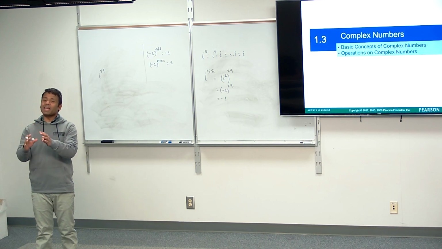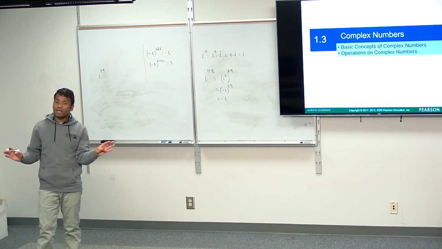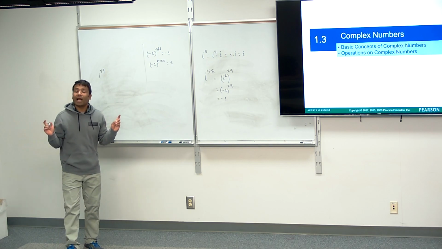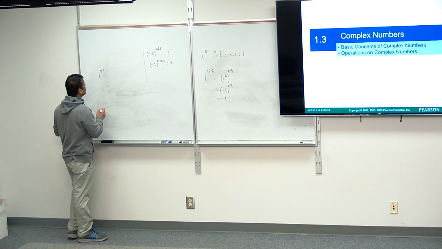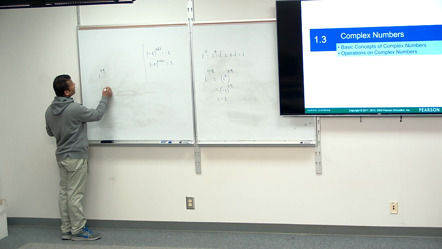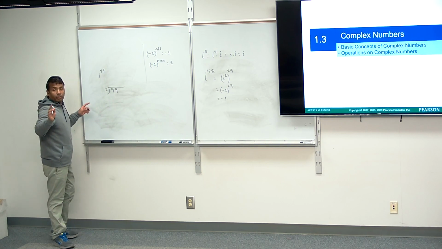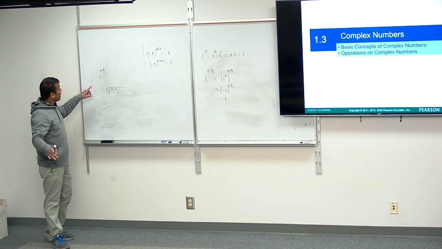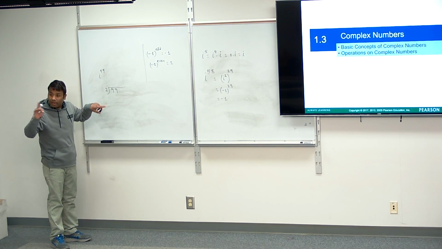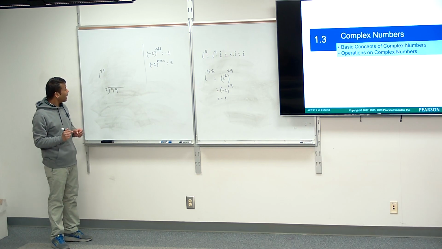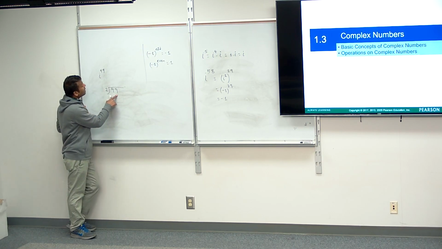So the idea here is you try to express i to the power 99 in terms of i squared. So you divide 99 by 2. Are you guys with me? What I'm going to do here, I will rewrite this in terms of i squared. Okay? So now you divide 99 by 2.